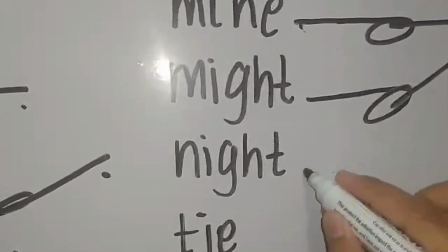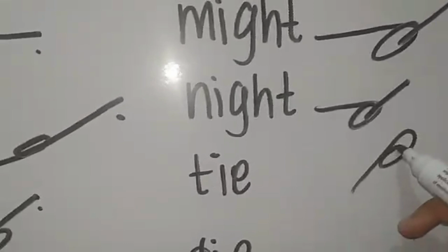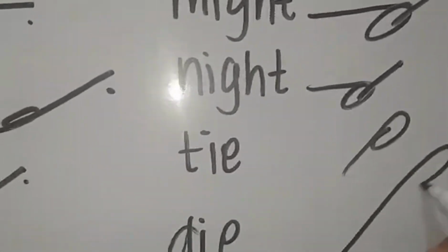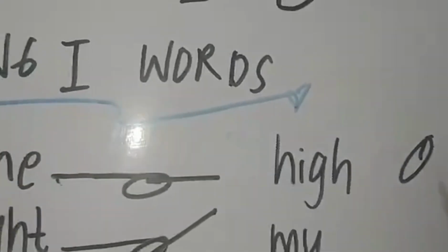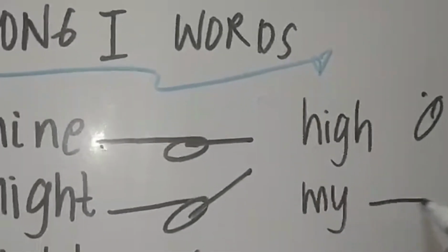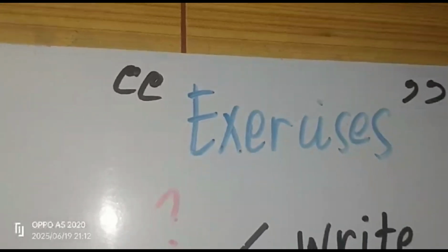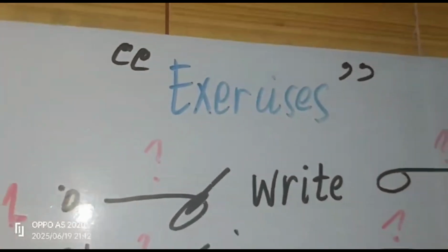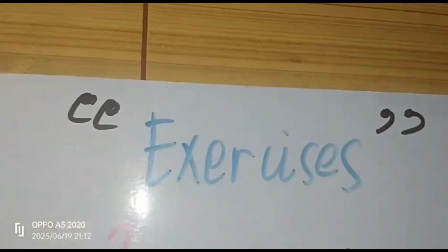Let's make it a little bigger. Tie is broken I. Die. While high is then a dot. While my, yeah. Okay.